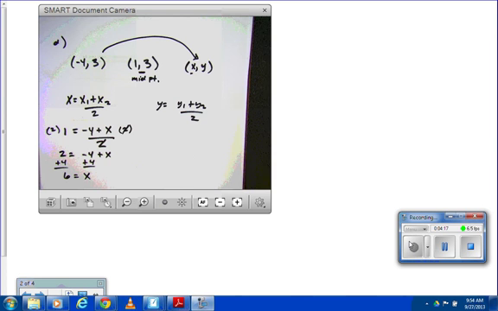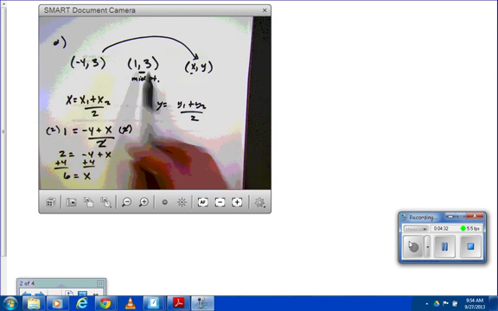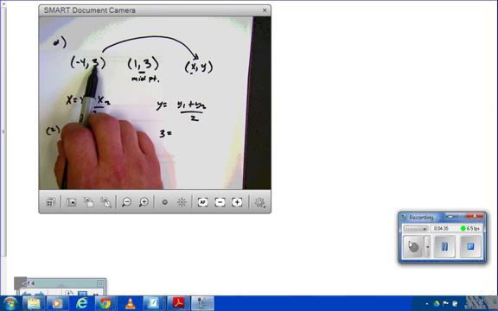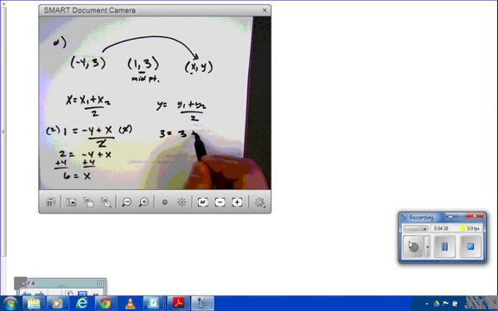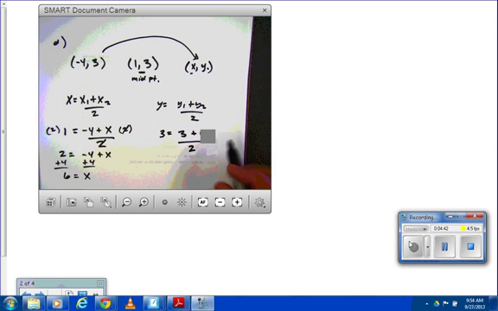Now let's get our y coordinate over here. Now there's a shortcut here with the y coordinate, and I'll show you when we're done. But let's just take it normal first. So what's our y coordinate of the midpoint here? I'm going to use 3. And my first endpoint is 3. My second endpoint, I don't know. All right, over 2. Now let's just solve it.